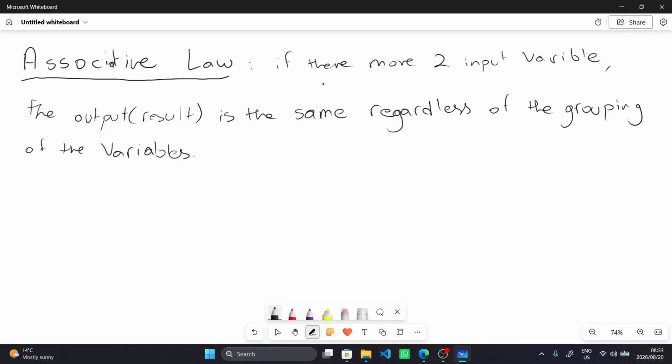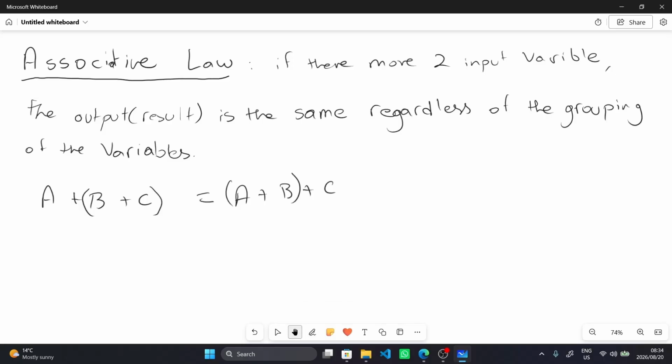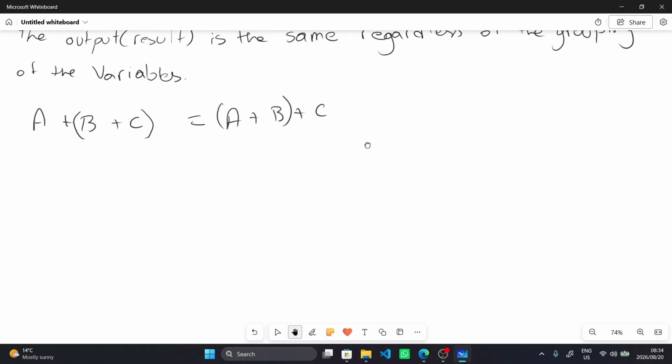For example, we have A plus B plus C, and we group A and B, and it will still be the same as A plus B plus C. So how will it be the same?